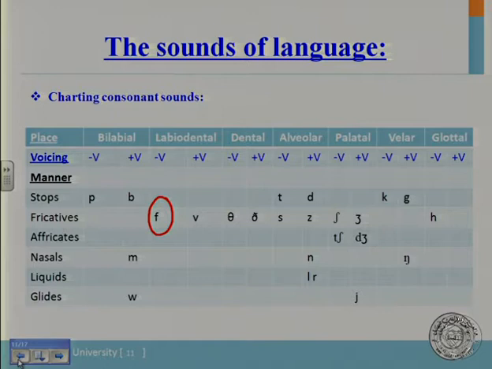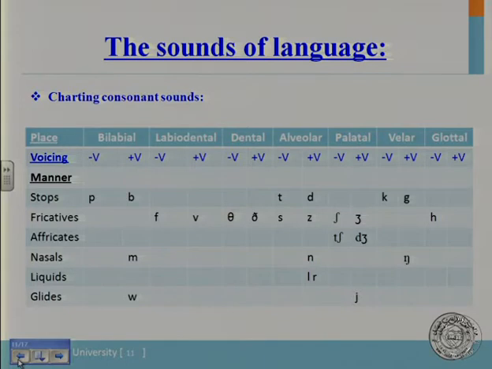Now the third group is dental, and here we have two sounds: th, as in think, and th, as in the. The voiceless th is a dental, fricative, voiceless sound.